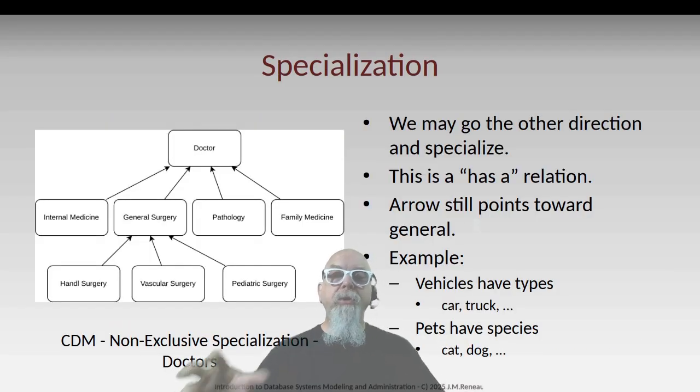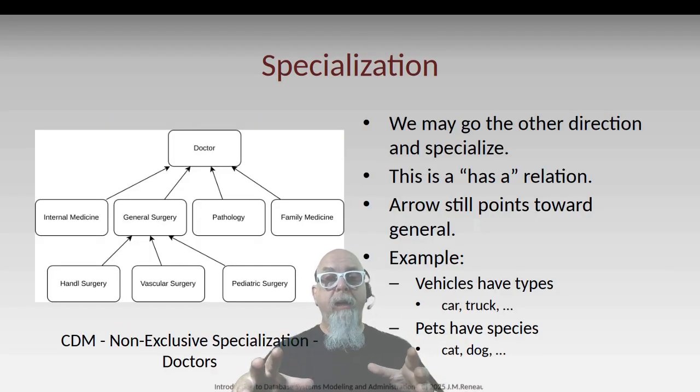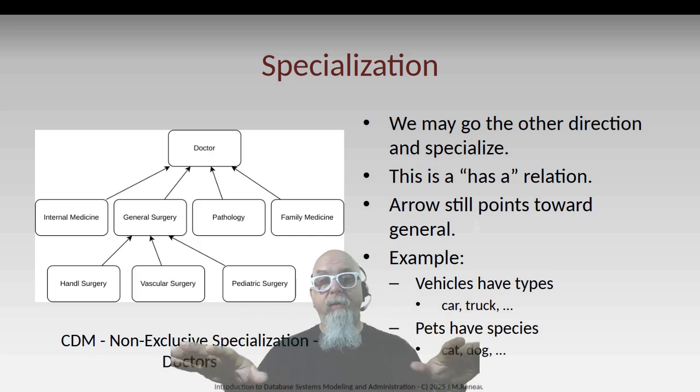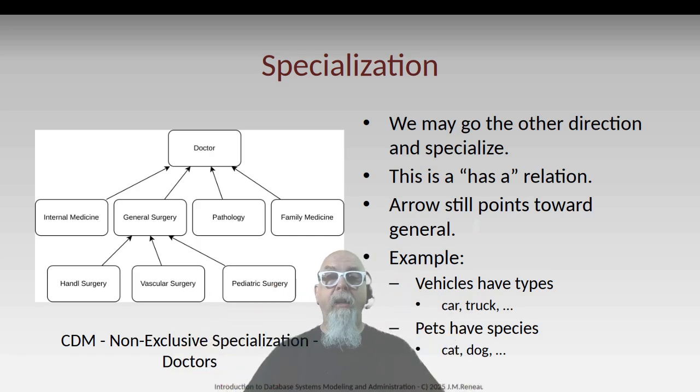We can also use that same notation of the arrow to talk about specialization. Instead of going from the many entities up to the one, we can do it the opposite. For instance, a doctor can be an internal medicine doctor, a general surgery doctor, a pathology doctor, a family medicine doctor.